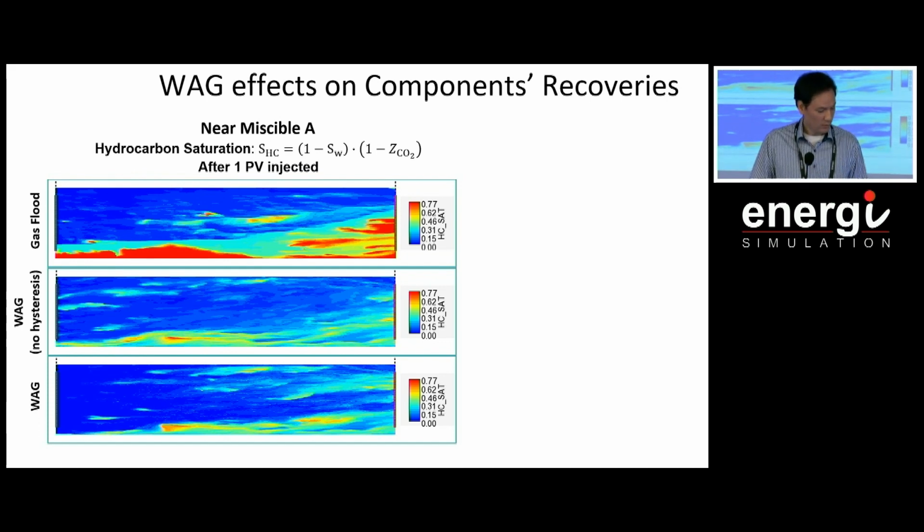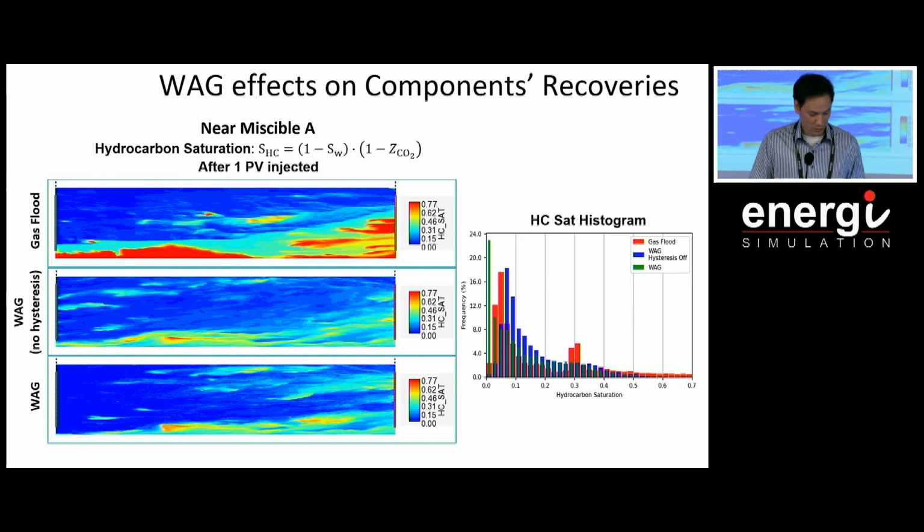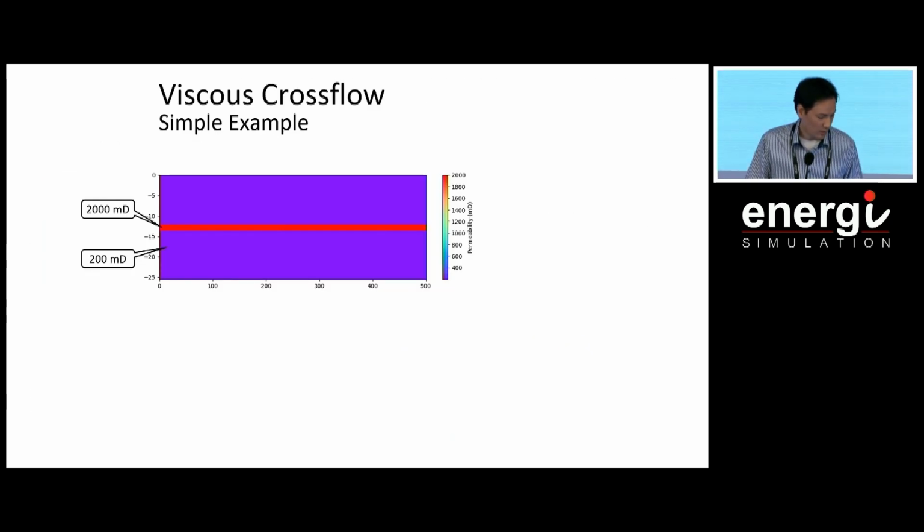And when you apply the hysteresis in the model, you recover a lot of the oil left behind. You can also see that on this histogram in here. So if you compare the blue histogram, that's WAG without hysteresis, and the green one, you see that you reduce a lot of the residual oil in there. I don't have a lot of time, so I'll try to rush.